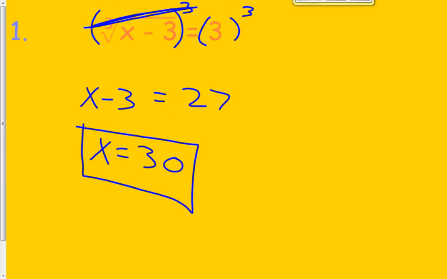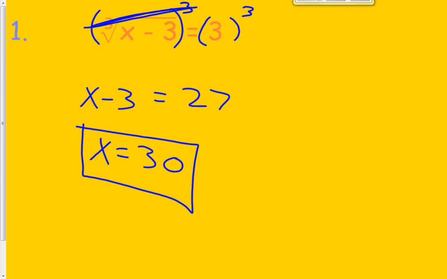However, before you move on to the next one, it says check for extraneous roots. Class, an extraneous root, or an extraneous solution, that's also a term that we use for this. Extraneous means that you do everything mathematically correct, but you still get an answer that doesn't satisfy the equation, meaning that it doesn't work. And this happens.